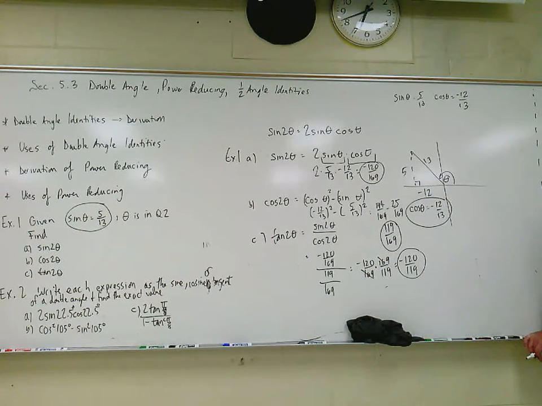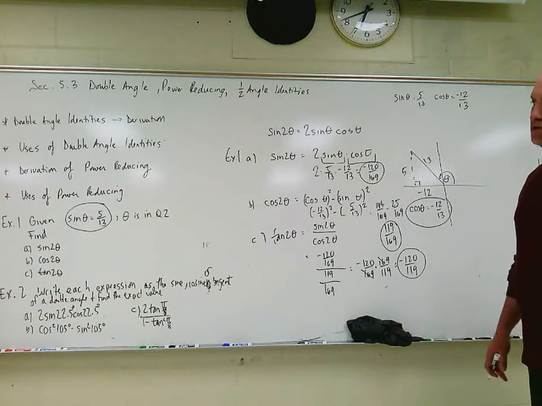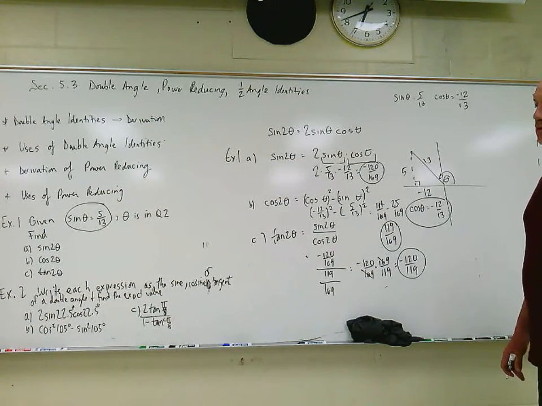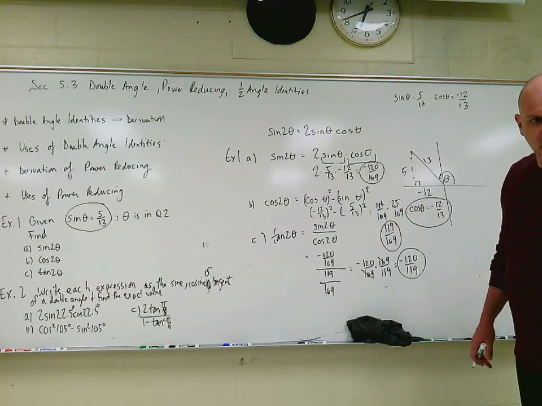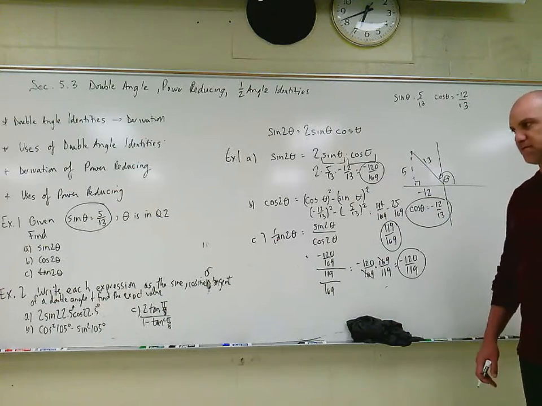So this is the idea of, on this type, you may have to draw the triangle to help you. Now, the second one, you don't need triangles. I know it's kind of low, but that says 2 sine 22.5 cosine 22.5.